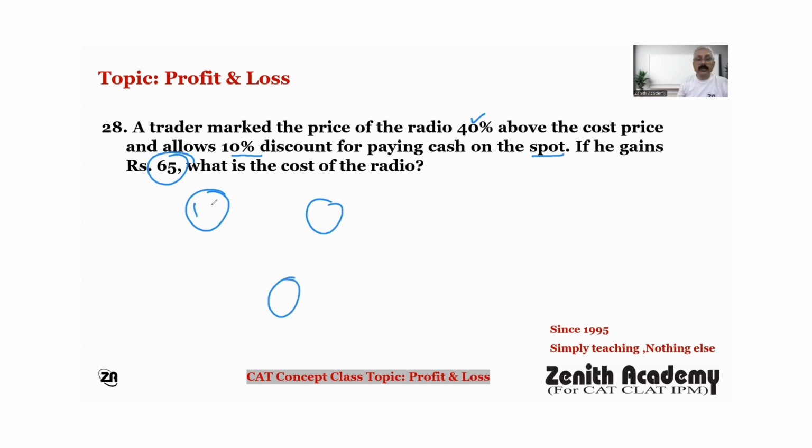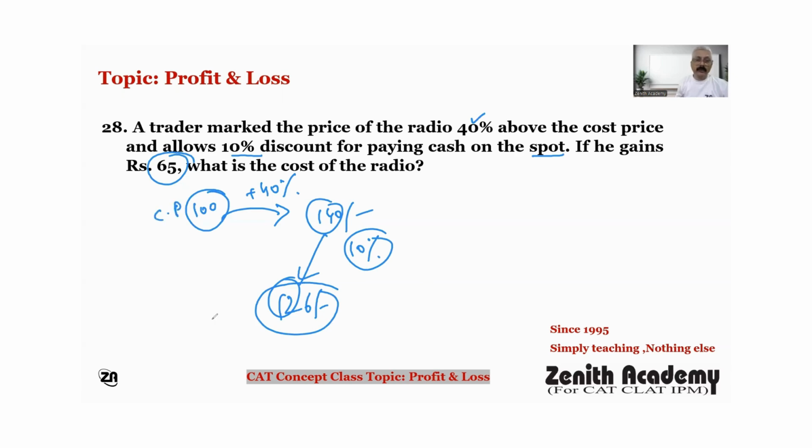Let the cost price be 100. 40% above, the mark price is going to be 140. And discount is 10%, so 140, 10% is 14. So 140 minus 14 is 126.